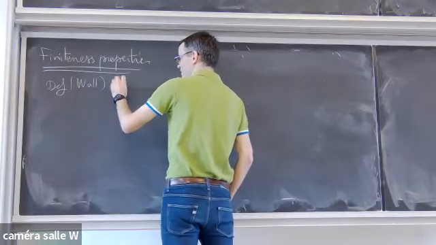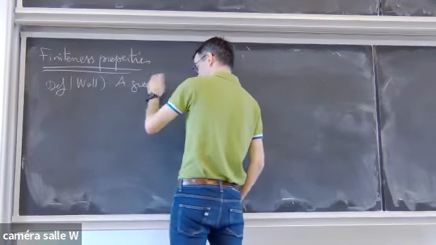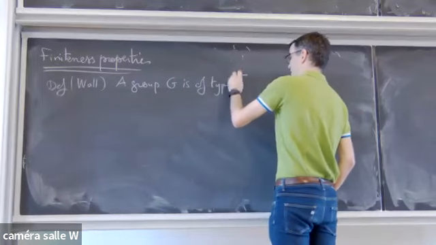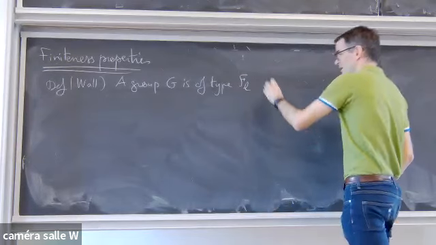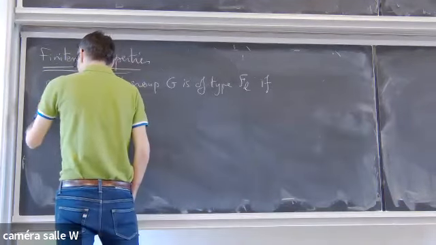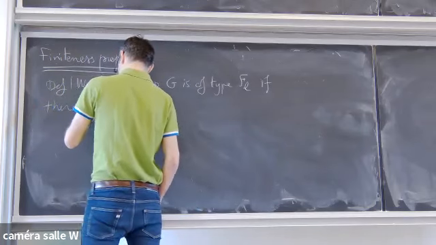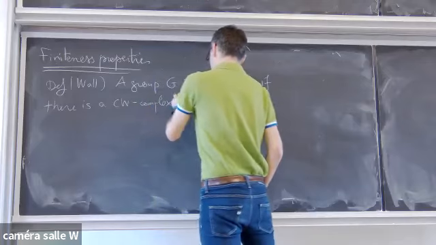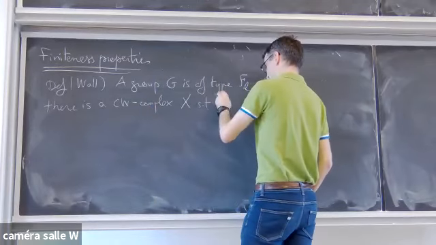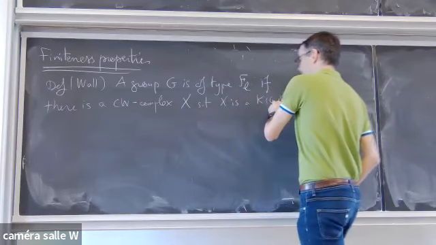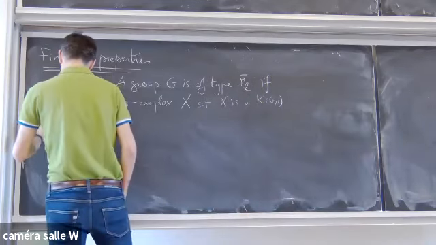We say that the group G is of type F_L, where L is some integer, if there is a CW complex X such that X is a K(G,1), and the L-skeleton of X is finite.